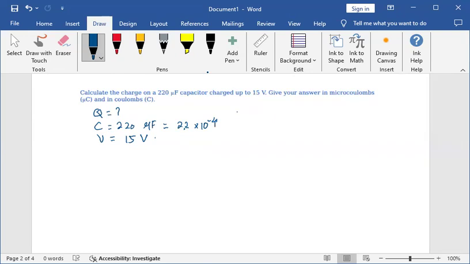So the charge equals C times V, which will be 2.2 times 10 power minus 4 for C, and then times 15 for the potential difference.